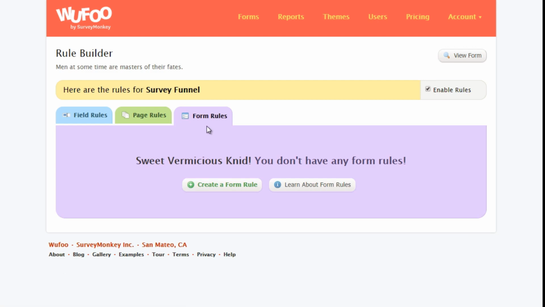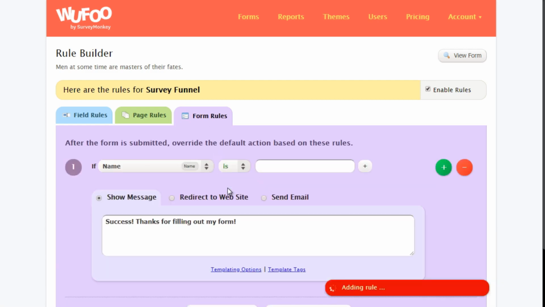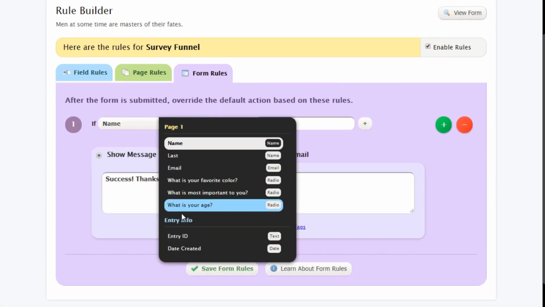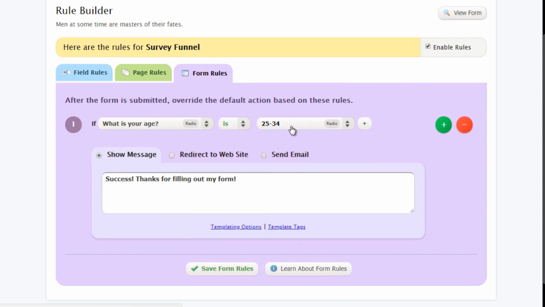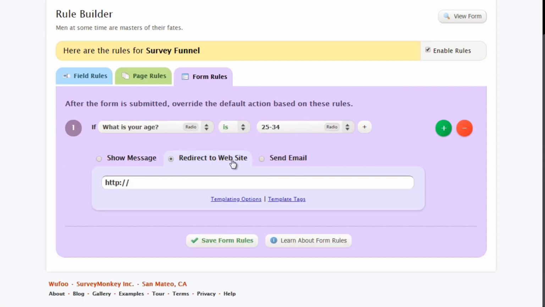And then of course we have form rules. You can create a form rule and say if the age is a certain age, you can redirect them to a website. So page rules is mainly within the form itself, but if you were to redirect them to a totally different website, you can do that here.